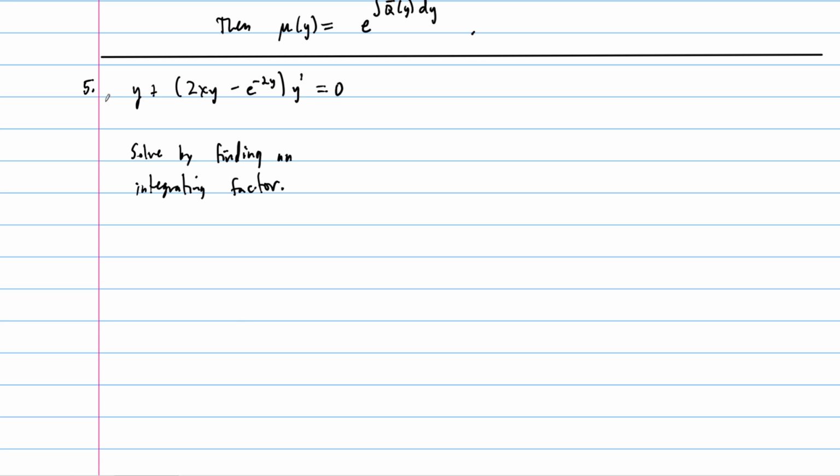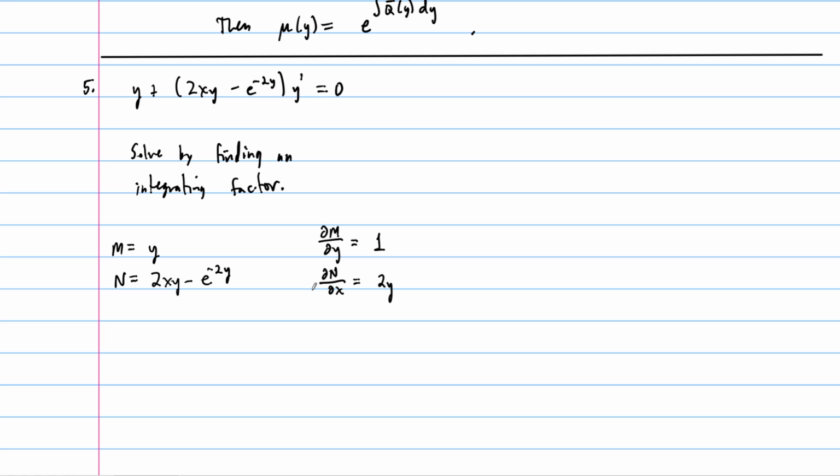First of all, we need to identify what are currently the functions M and N. So the function M is just y, and the function N is 2xy minus e to the minus 2y. Remember the derivative functions that we need: dM/dy, which in this case is just going to be 1, and then dN/dx, that's just going to be 2y minus 0.